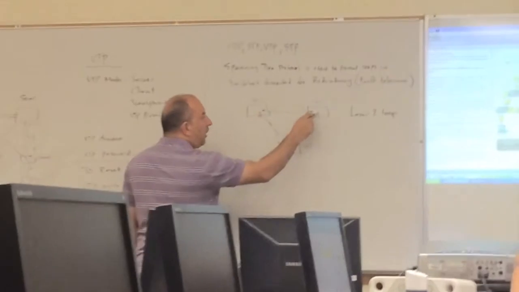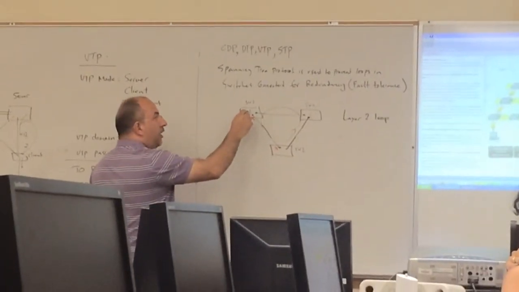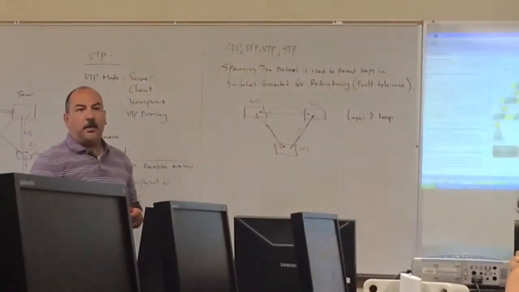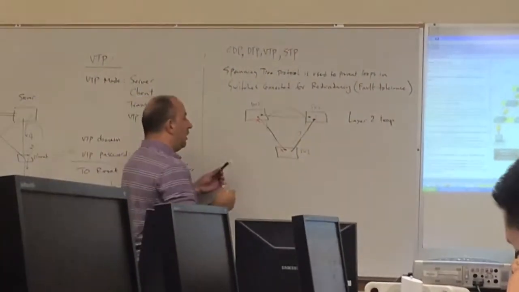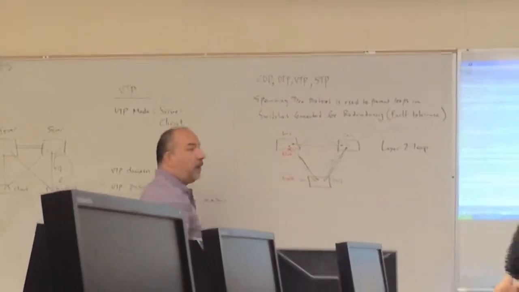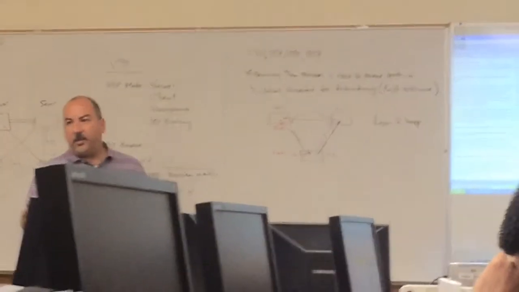So it goes out this way, and then from here it has potential to go where? This way. But it cannot go out this way to switch 1 because I blocked the traffic. So the traffic is blocked. Now this block is a logical block, which means it's done by what? By software. It's not done physically by disconnecting the cable.